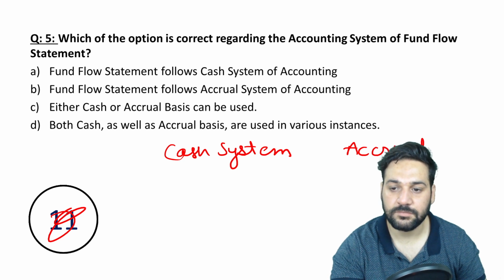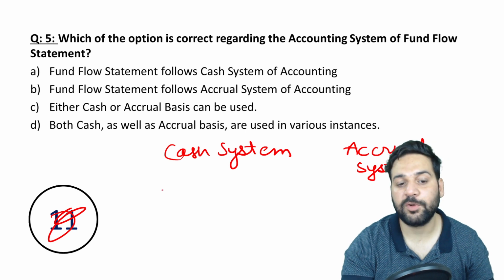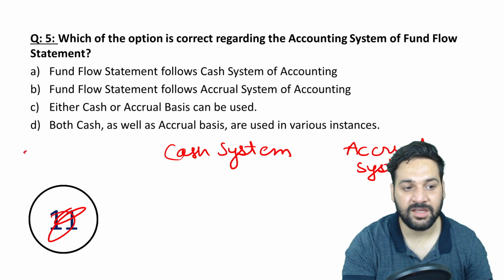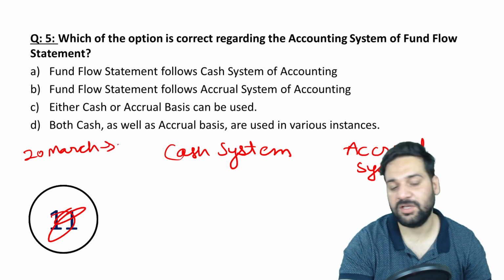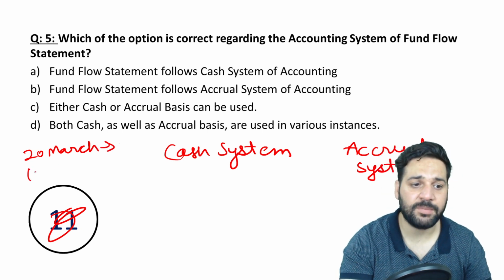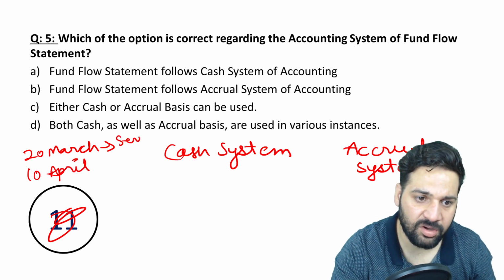For example, you provided a service on, let's say, 20th of March. But you got the money on 10th of April.